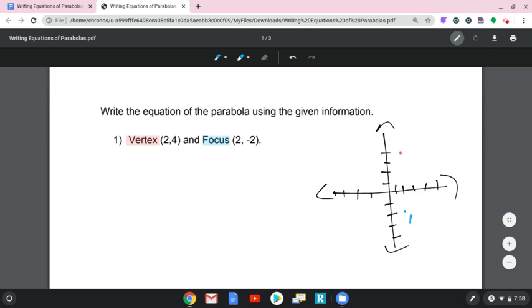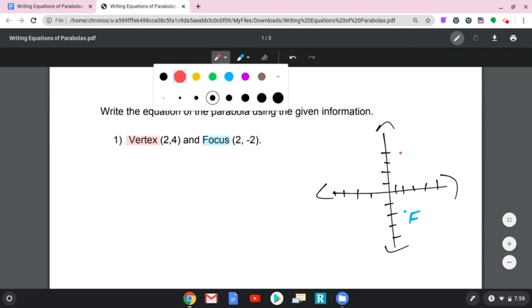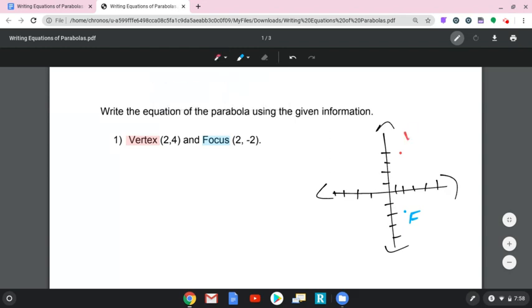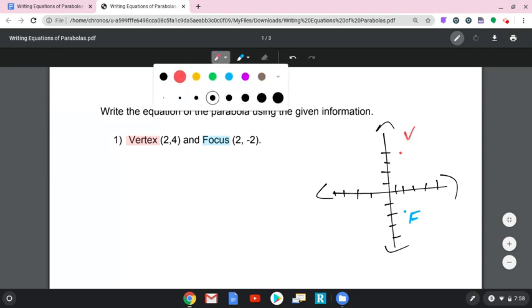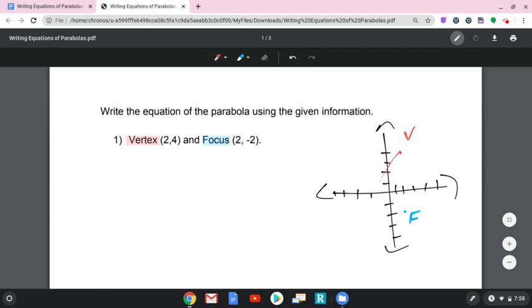If this is my focus and this up here is my vertex, I know that my parabola opens towards the focus. So that means my graph is going to open like this. So right now, I know it opens down. So this is an up and down parabola.